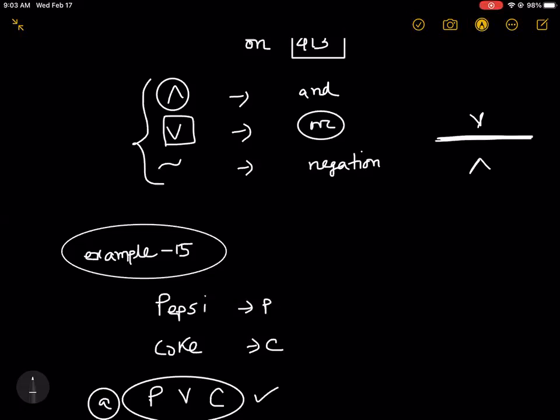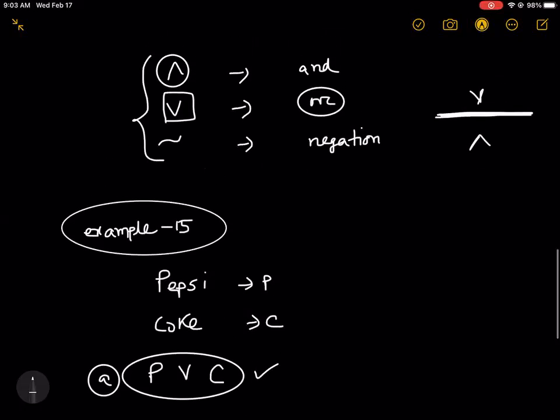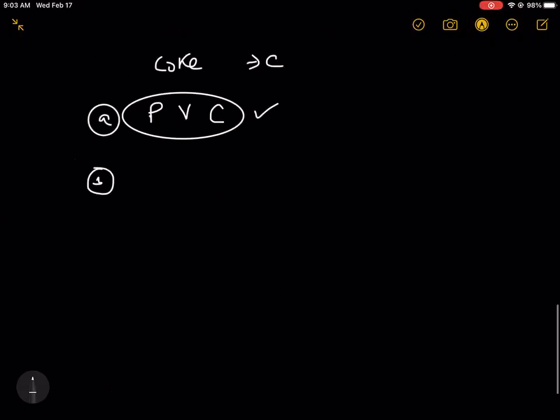Okay, anyway, that's not necessary. So we said and, so this will give us this. If you symbolize like this, it will mean exactly the same as statement B. That means I like Pepsi and I like Coke. All right.